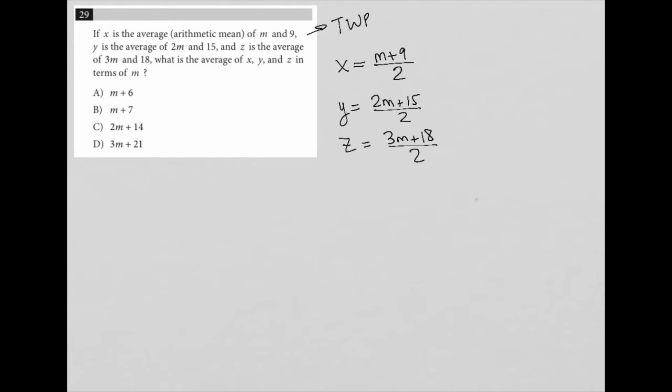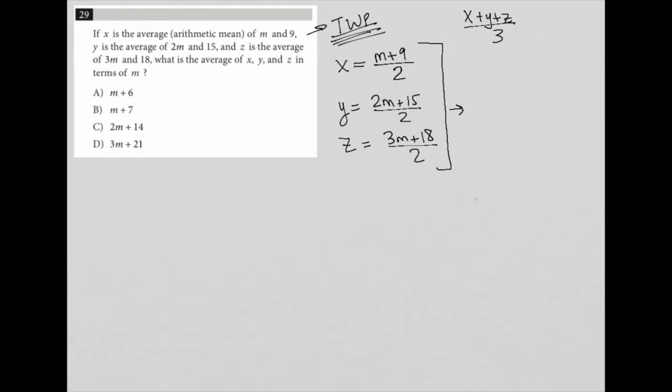Okay, so a couple of things here. One, I could continue this question definitely using this translate word problem method. And let me just show you what that means, and then I'll show you the other strategy. So the question is asking for the average of x, y, and z. Well, I know how to find that, right? From a general sense, it's just x plus y plus z divided by 3, right?